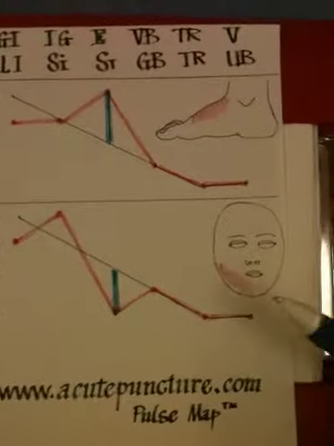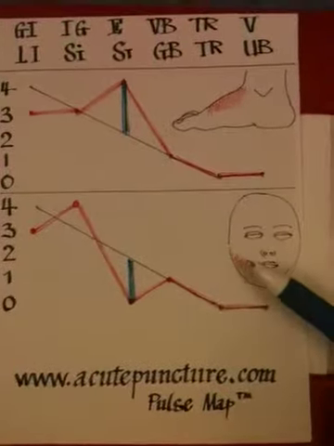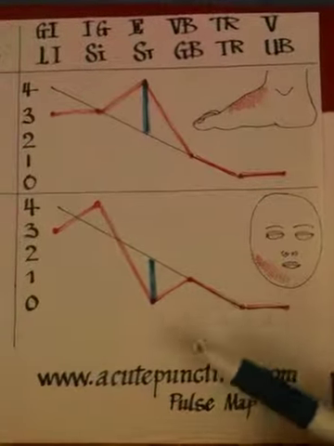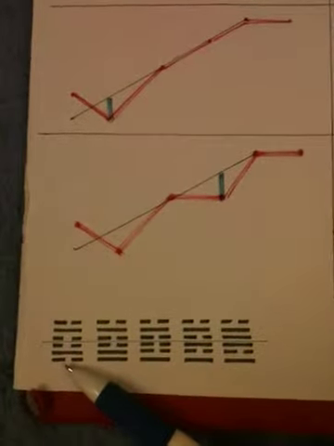For this patient with trigeminal neuralgia, we use again the same 2 trigrams, the hexagram which corresponds to the meridian of the stomach.